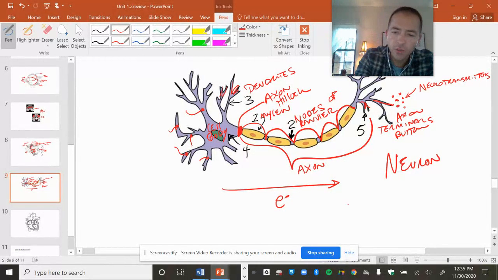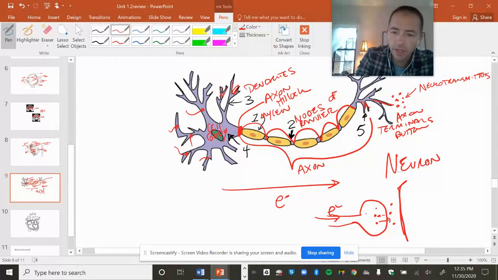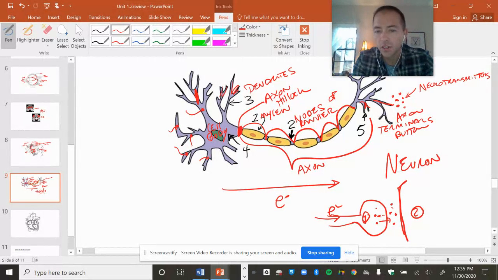So if we zoomed in, we'd see something like this. Here's the button, right? Here's the little neurotransmitters in it. The electrical impulse is coming down here, gets down to the end, and these little chemicals get pushed out into this gap. This right here is cell number 1, and this would be cell number 2. And these little neurotransmitters are going to activate number 2 of the next neuron, which is the dendrites, maybe, of the next neuron.